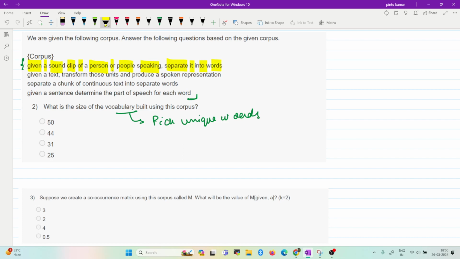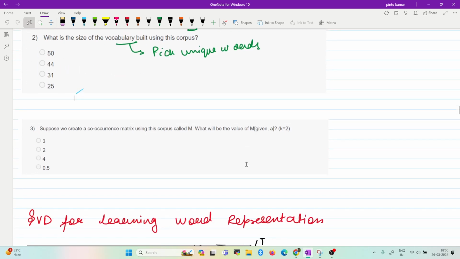So if you are just using the first row, this is the vocabulary that you might have obtained. Somebody who just counts all the unique words in this particular paragraph will know the size of the vocabulary built for this corpus. This is not at all useful, so I'll just skip. It was there, so I included it.